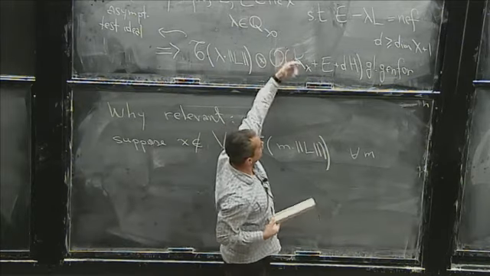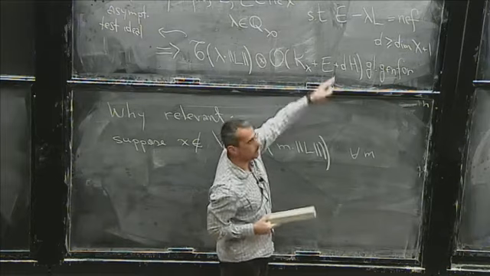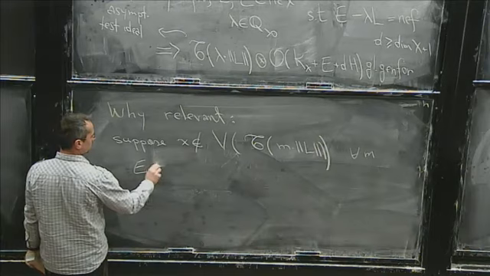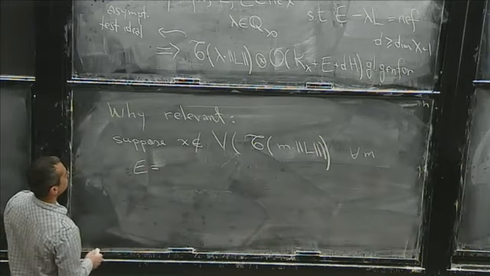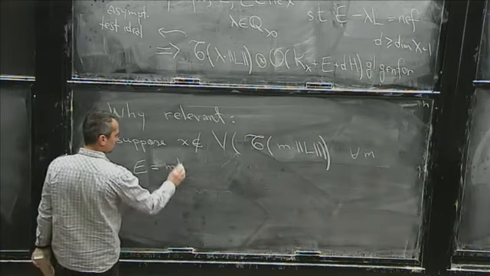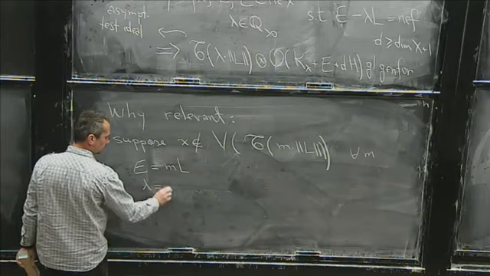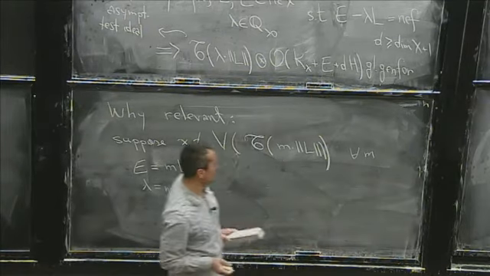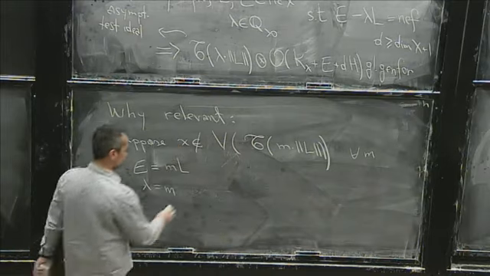So what this means is that I'm going to get sections of this one. So I'm going to apply it, right? I'm going to take E to be equal to maybe M times L, and lambda to be equal to M. Okay, so of course, the difference is nef because it's actually just 0.